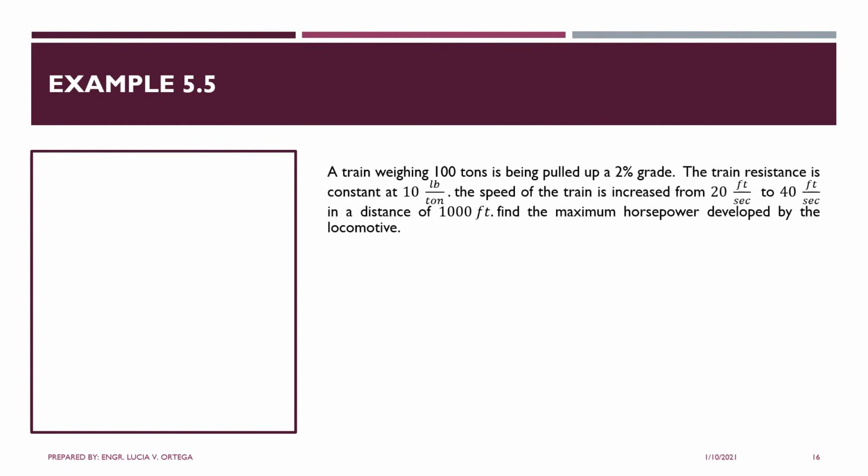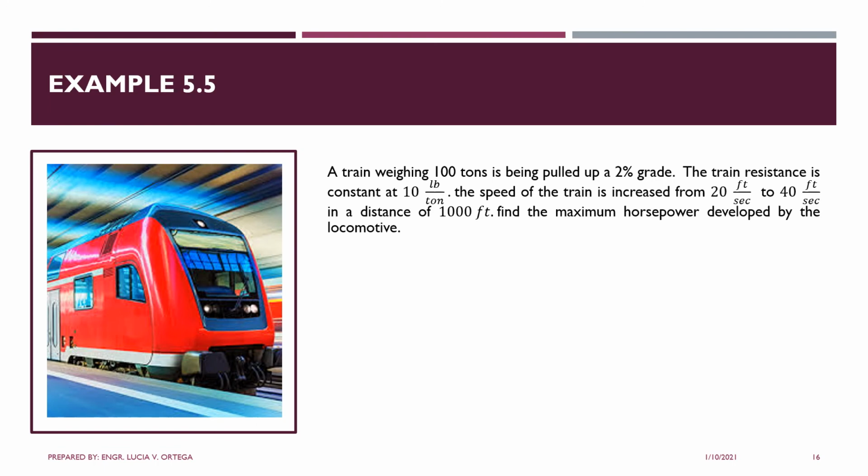Let's have here a sample problem. A train weighing 100 tons is being pulled up a 2% grade. When you say 2%, let's say the distance is in meters, so 2 meters of vertical distance for every 100 meters of distance.